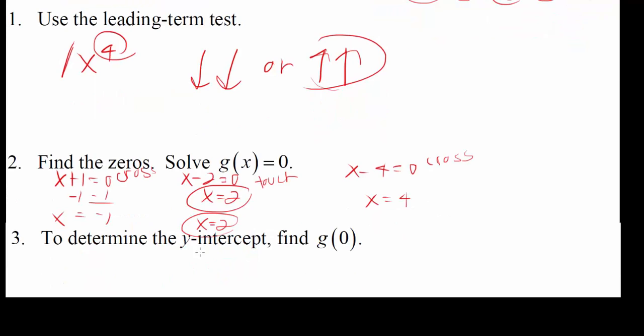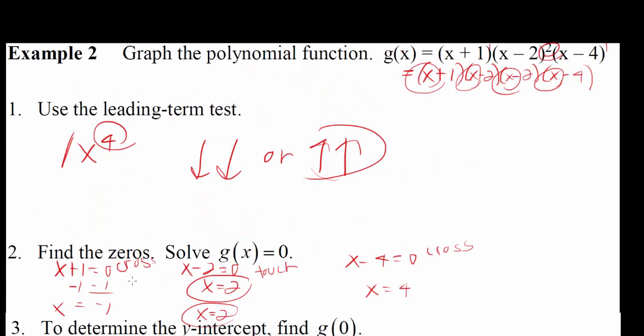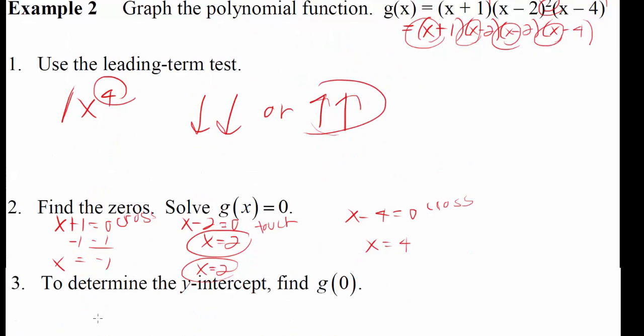Now to determine the y-intercept, g of 0, I'm just going to plug 0 in for x. So that would be 0 plus 1, and then 0 minus 2 squared, and then 0 minus 4.